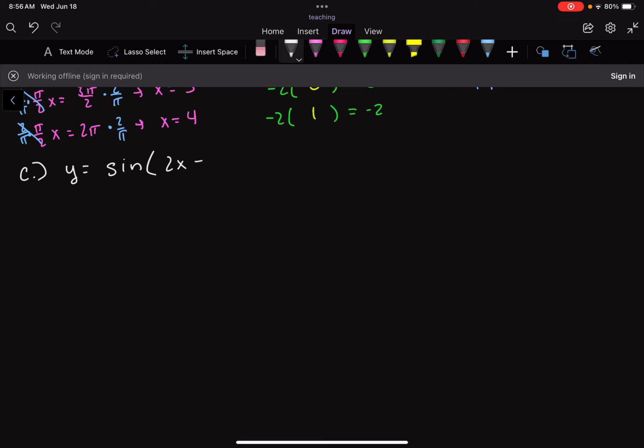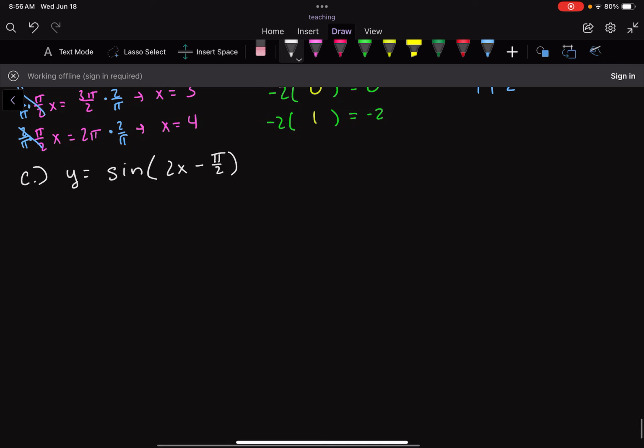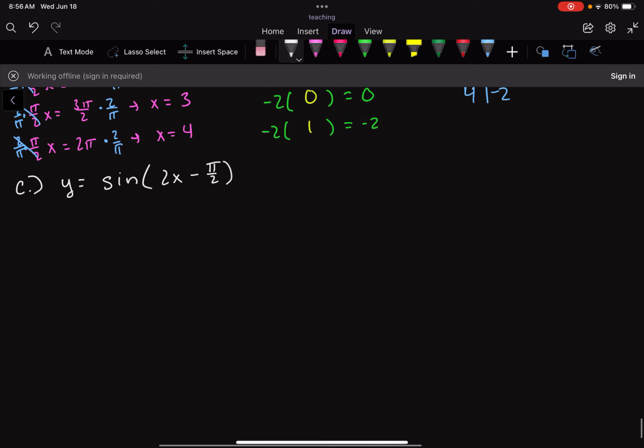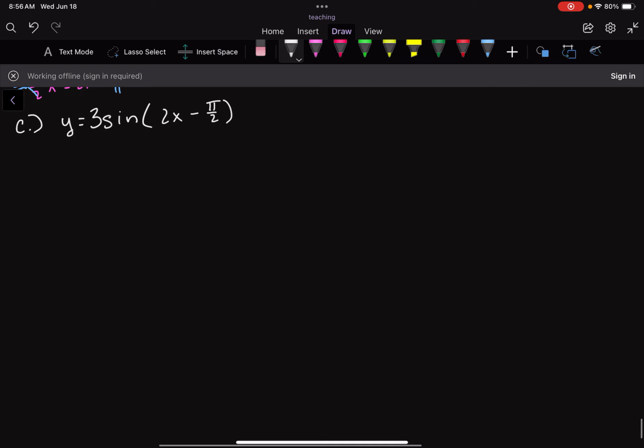Let's do minus pi over 2, and let's actually do an amplitude. So let's do 3 as my amplitude. As always, I'm going to ask for the period, the phase shift, the amplitude, and the vertical shift.